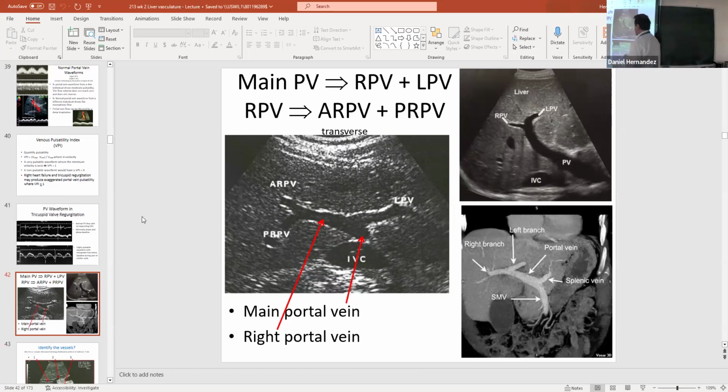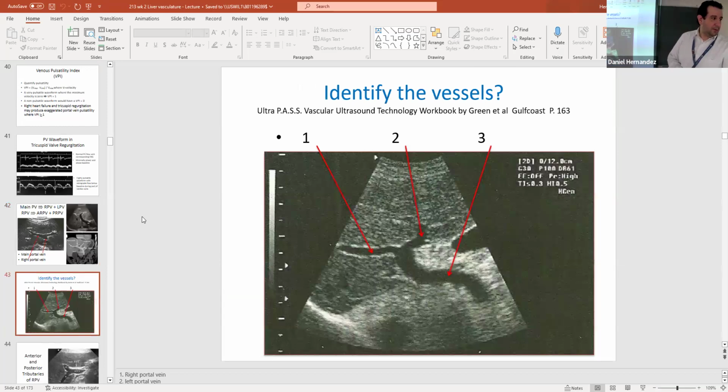Here we're seeing the right portal vein, some of its branches. That right portal vein will split further into various segments. It's a nice picture: main portal vein entering into the liver, branching into your right and your left portal veins.